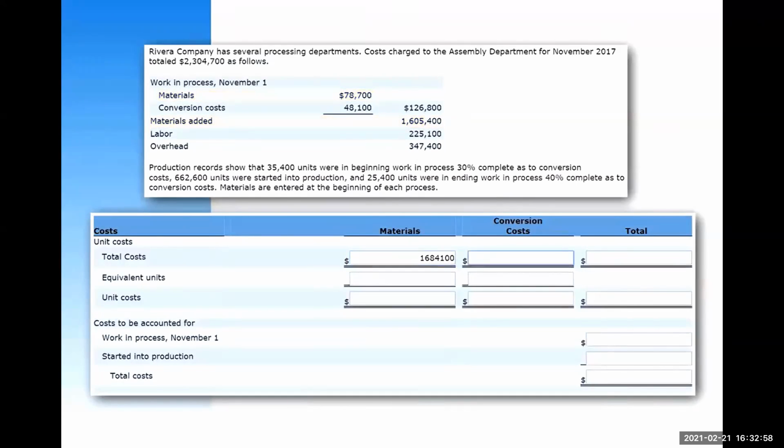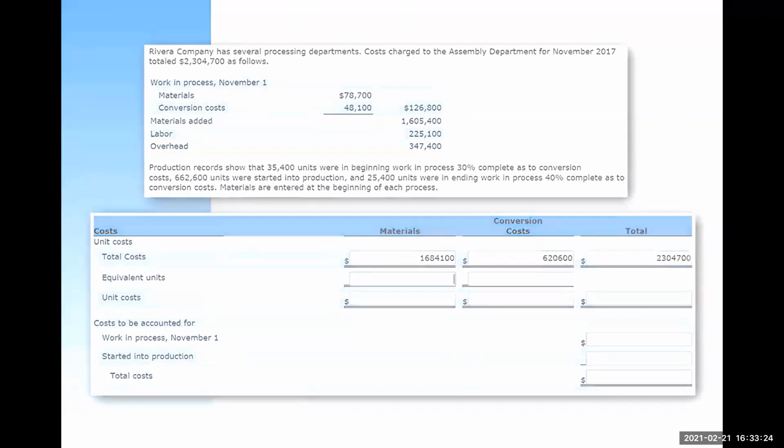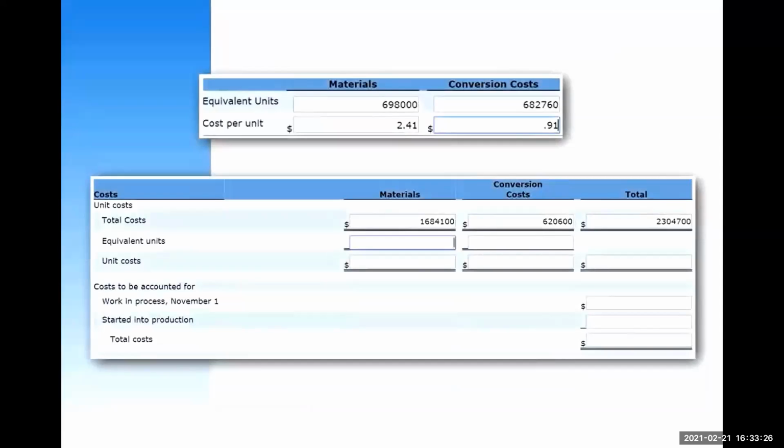For the conversion costs, we had the conversion costs that were incurred in the beginning work in process, plus the labor and overhead that was incurred during the month, and we said that was a total of $620,600. So the total costs incurred were $2,304,700.